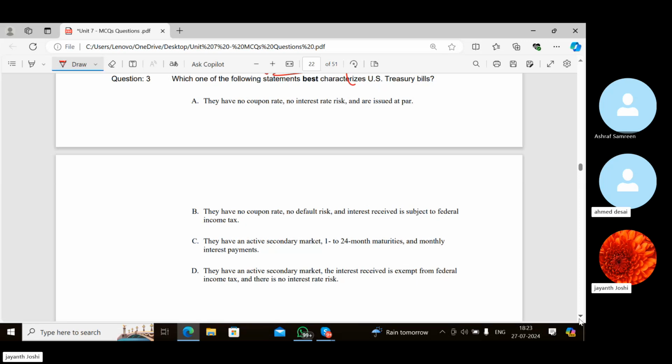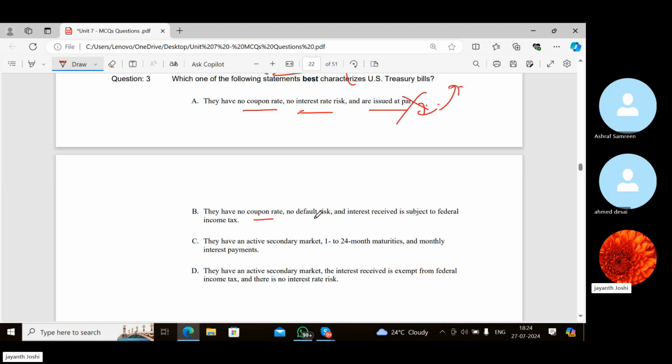For treasury bills, they have no coupon rate, of course, no interest rate risk, of course, but they are not always issued at par. They are issued at a discount and redeemed at par. No, this is the wrong option.